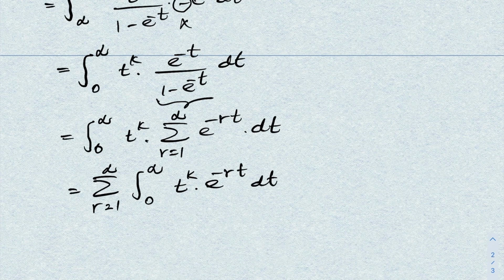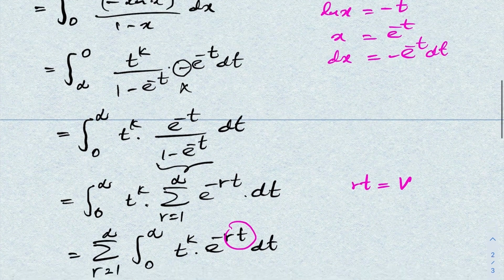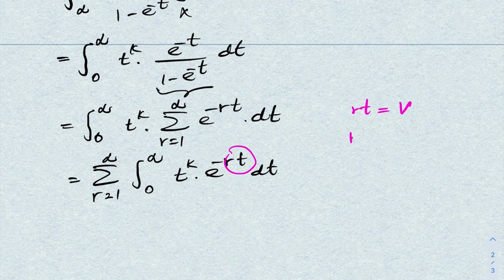Now again we can use substitution. So here r times t is equal to v. Then we differentiate: r times dt is equal to dv. Then we can plug in. So we have the sum r is equal 1 to infinity.